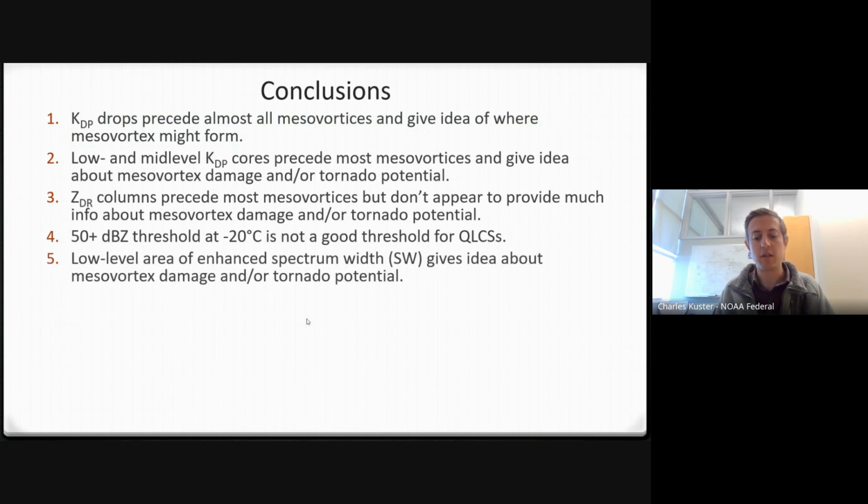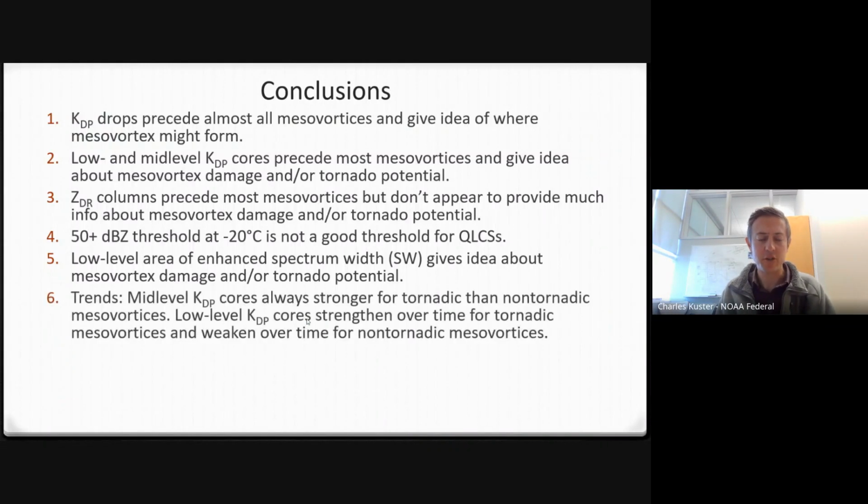We also looked at spectrum width at the 0.5 degree elevation angle, and there were some connections between the magnitude of the spectrum width and the mesovortex damage or tornado potential. So this was a good signature to use, but like I'll mention more in the future, it does develop around the same time as the mesovortex, so not a lot of predictive capabilities there, more of a diagnostic signature. And then trends.